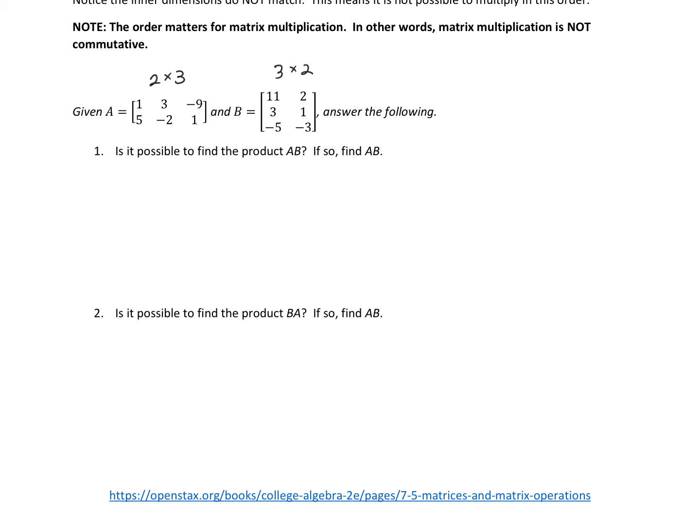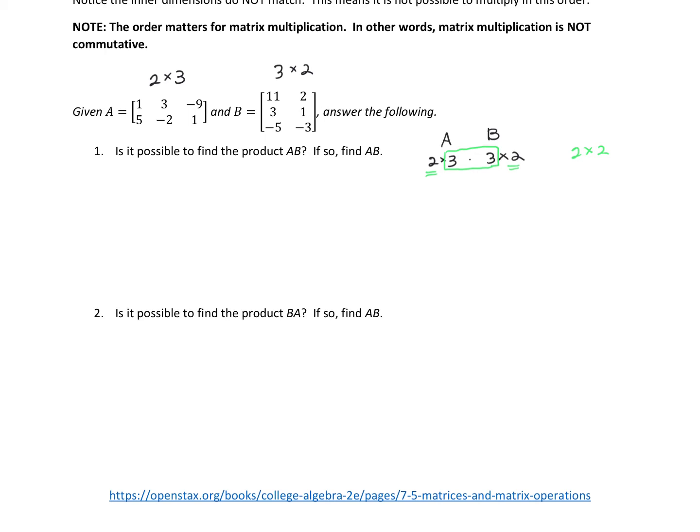So is it possible to multiply A times B? A is 2 by 3, B is 3 by 2. The 2 inner dimensions match, so yes, it is possible. Notice that my product will have the dimensions 2 by 2. So it will have 2 rows and 2 columns.